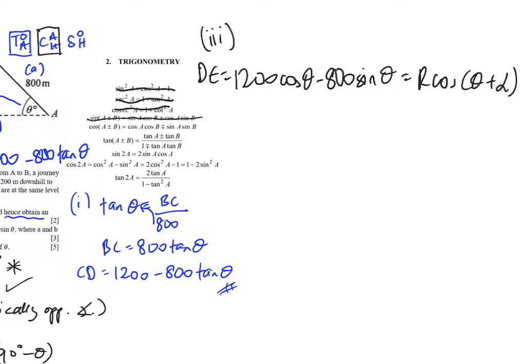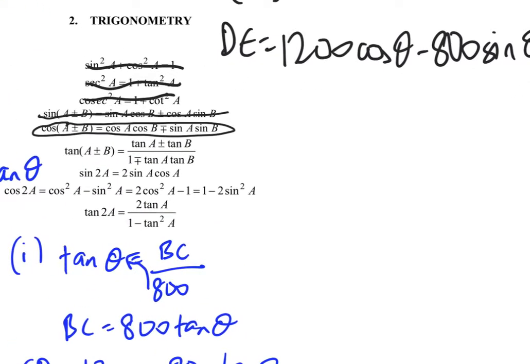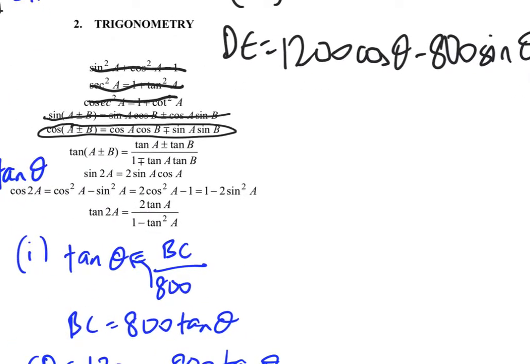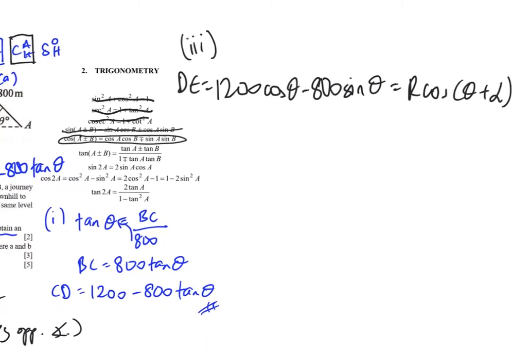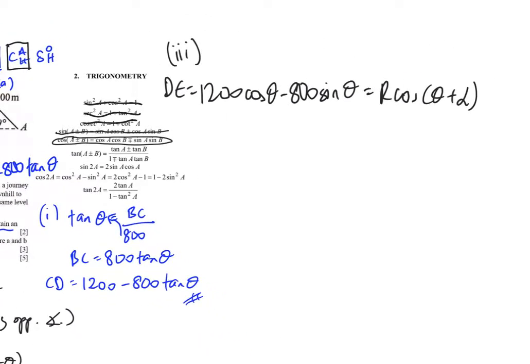The only one that I have to zoom in on is this one right here, which says cosine A plus B equals cosine A cosine B minus sine A sine B. So the first step that you will have to employ is this. R cosine theta plus alpha has to be split out according to my formula right here.